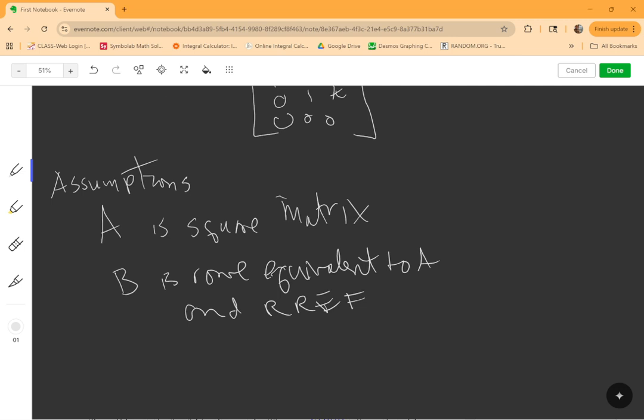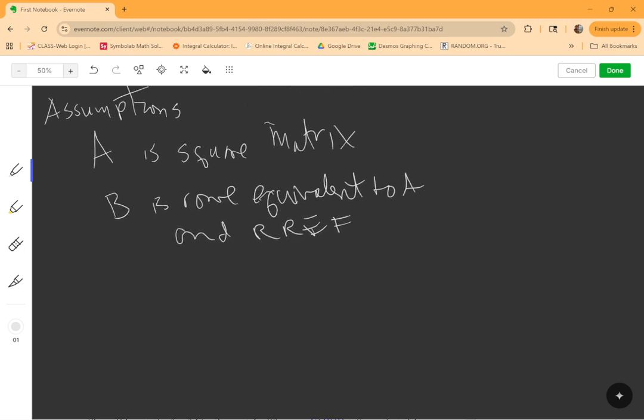If those are our assumptions, then what the theorem states is that A is non-singular if and only if B is the identity matrix.